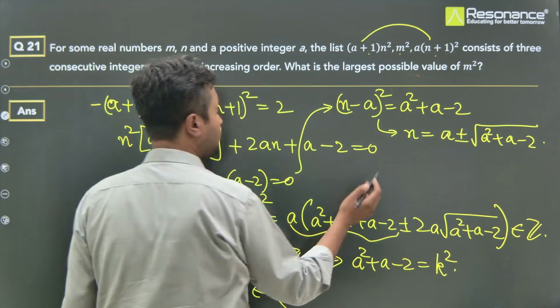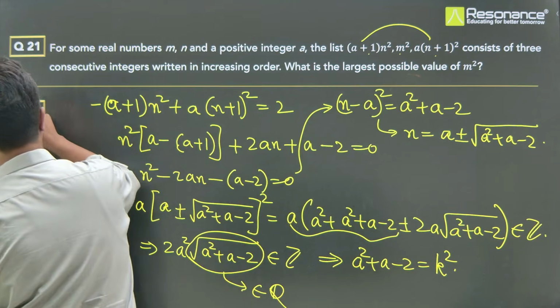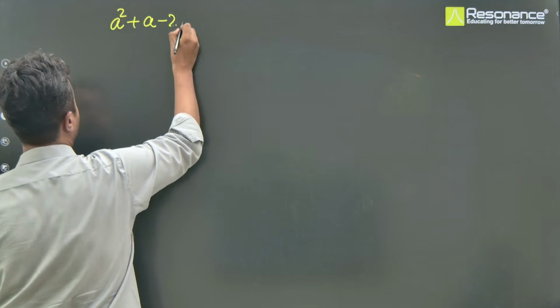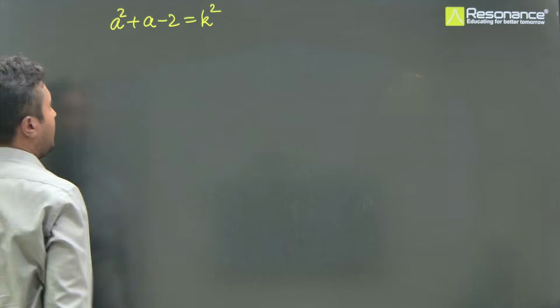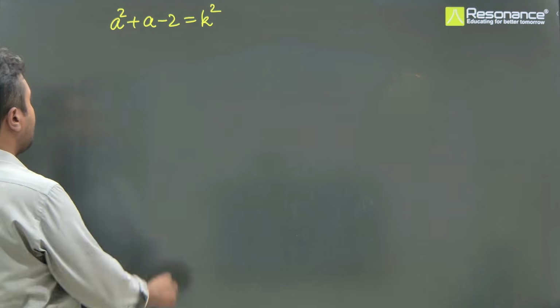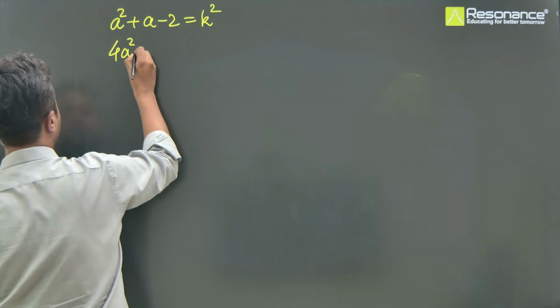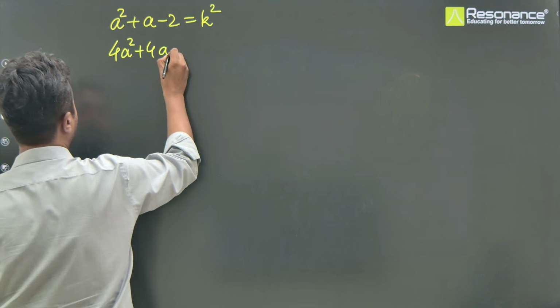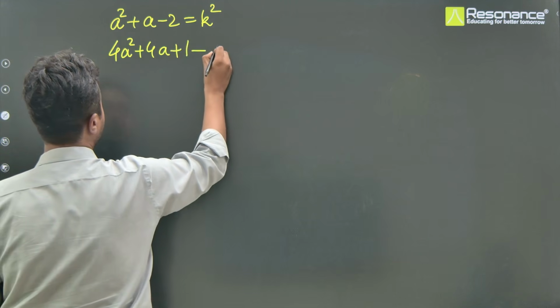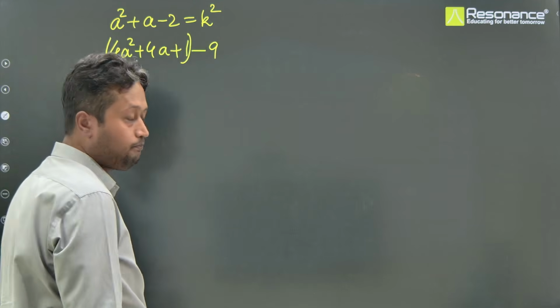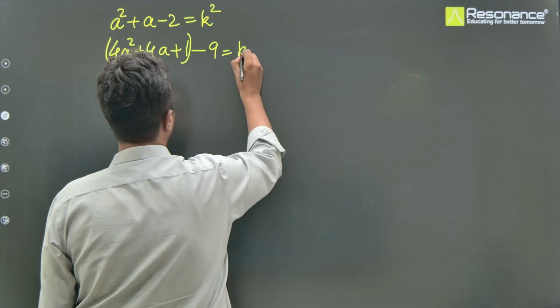All right, so now we got to figure out what possibilities are left for that. Okay, so a square plus a minus 2 is equal to k square, right? We could maybe just multiply by 4. That would give us 4a square plus 4a, let's add plus 1 minus 9. The reason why I'm doing that is because that's a square equal to k square.